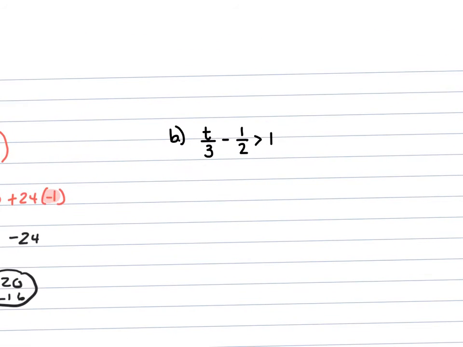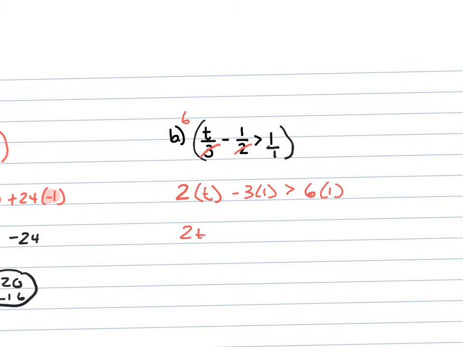Moving on to the next one here. We've got, again, 3 fractions. I'm looking for something that all 3 of those numbers go into. In this case, 6 will work just fine. So 3 goes into 6 2 times, and there's still a t up there. 2 goes into 6 3 times, and there's still a 1 up there, is greater than, and now 1 goes into 6 6 times, and there's still a 1 up there.